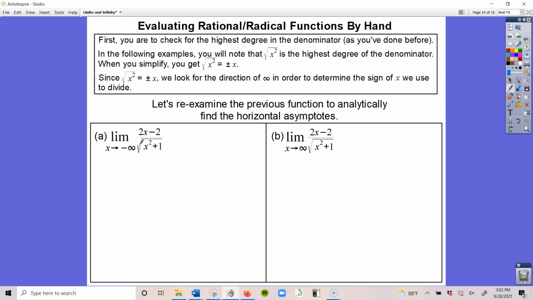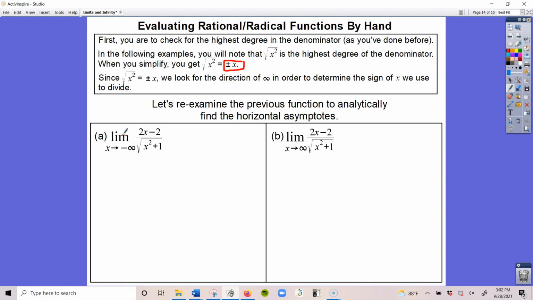But now here in the denominator, we have these radicals. And I have here a note, okay? You will note that the square root of x squared is the highest degree of the denominator. When you simplify, you get the square root of x squared, which is plus or minus x, because remember, anytime you take a square root, it's always plus or minus. So how do I know what to divide? It depends on what infinity it's approaching.